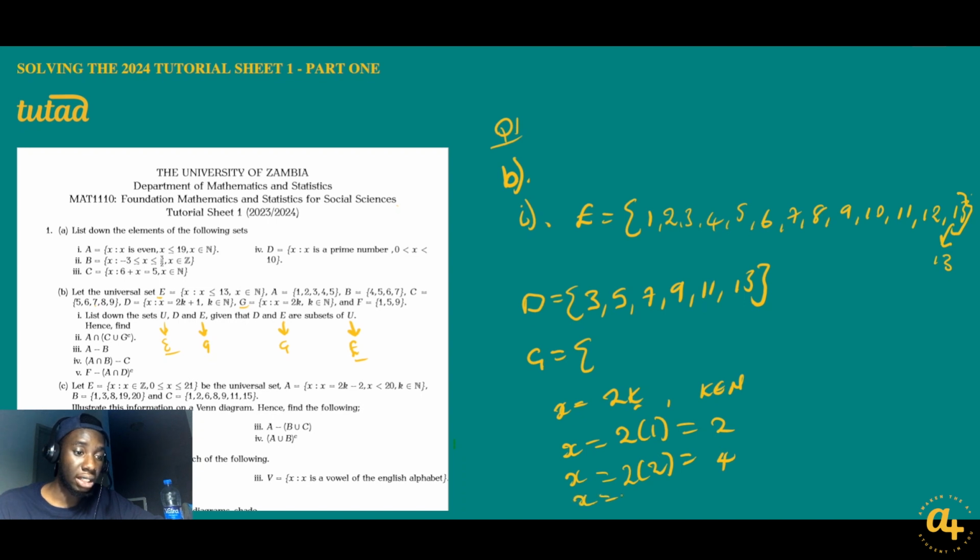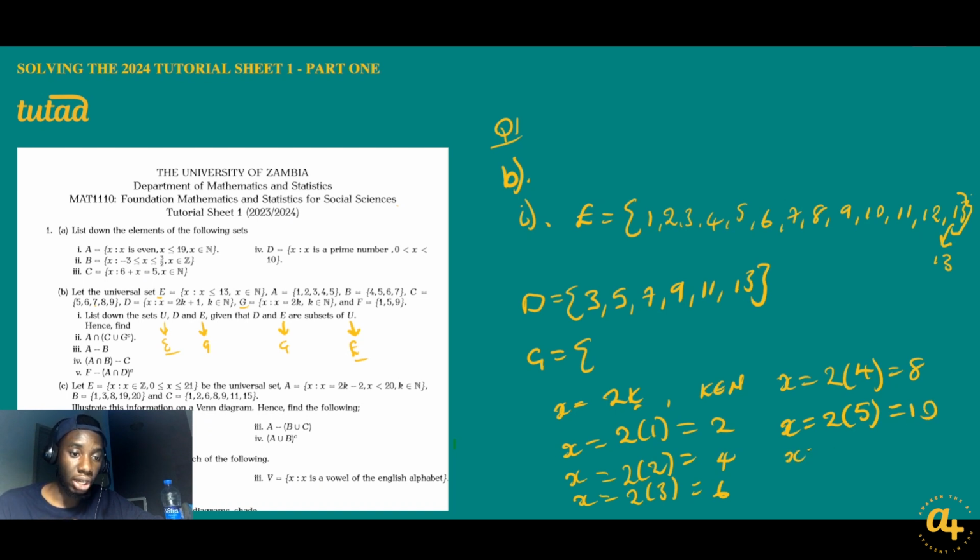And then x is equal to 2 times 3, which is going to give us 6. And then here we're going to have x equal to 2 times 4, which is going to give us 8. Next we're going to have x equal to 2 times 5, which is the next natural number, and then this is going to give us 10.